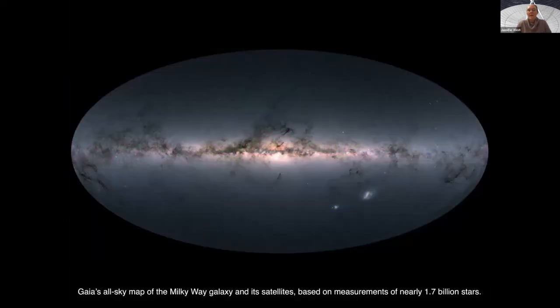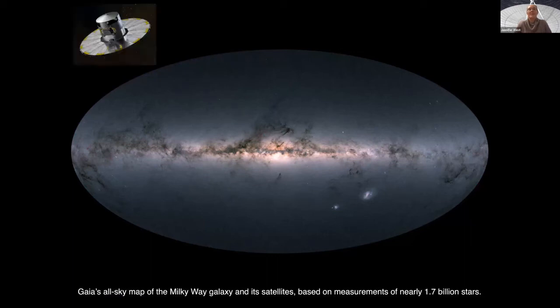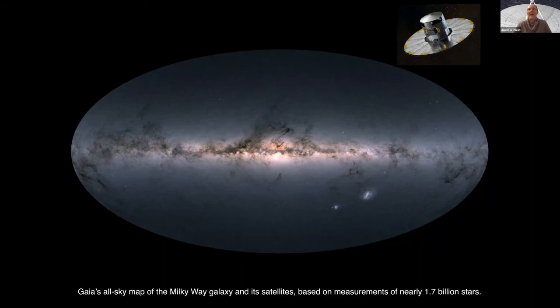Well, I want to come back to this map, which is from Gaia. I mentioned that Gaia is a satellite looking at individual stars in our galaxy. For every star, it's making very careful measurements. It can measure the brightness and how red or blue that star is, its color, but it's also measuring very carefully its position.